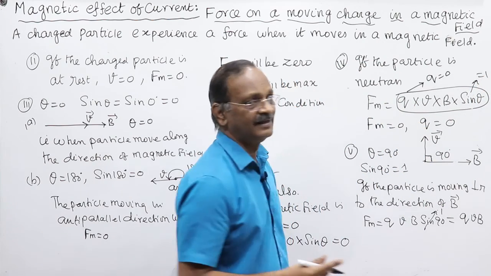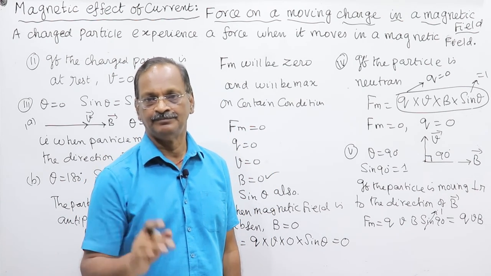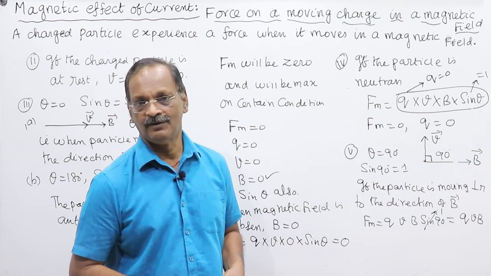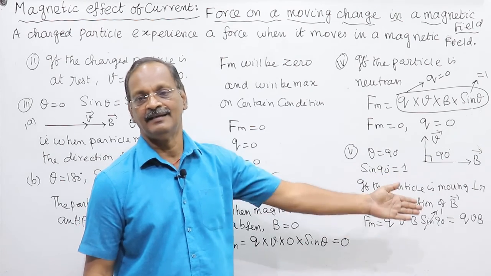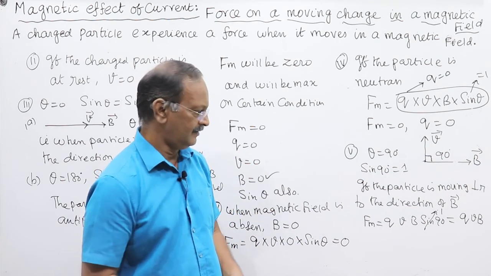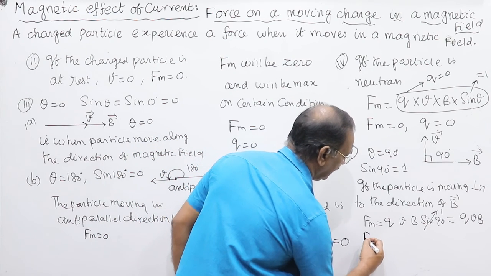Therefore, what we can say under this condition, when the particle moves in a direction perpendicular to the direction of magnetic field, then theta is equal to 90 degree and sine 90 is equal to 1 and force is equal to QVB.